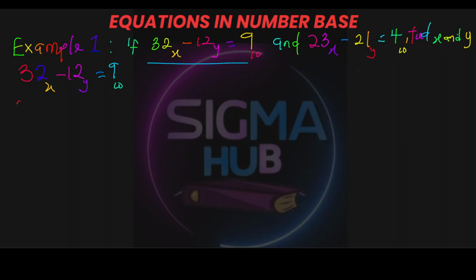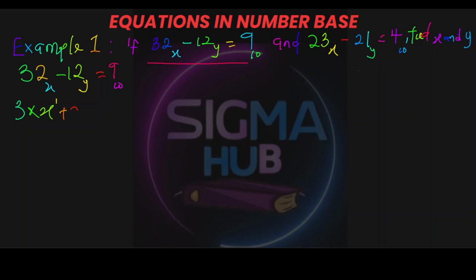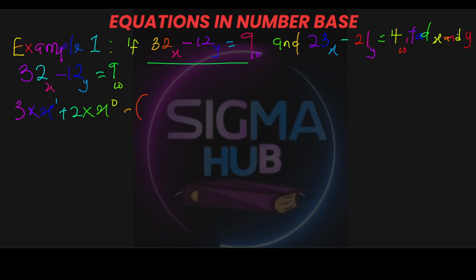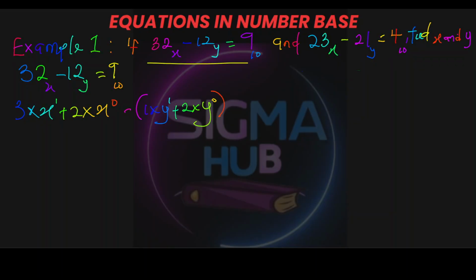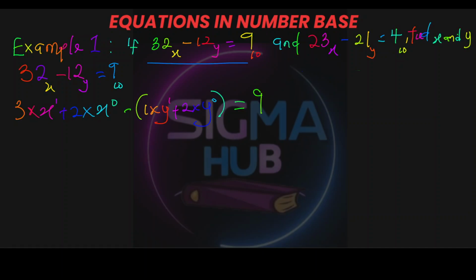So we have 3 times x raised to the power of 1 plus 2 times x raised to the power of 0 minus, open your bracket, 1 times y raised to the power of 1 plus 2 times y raised to the power of 0. Everything equal to 9. 9 is already in base 10.